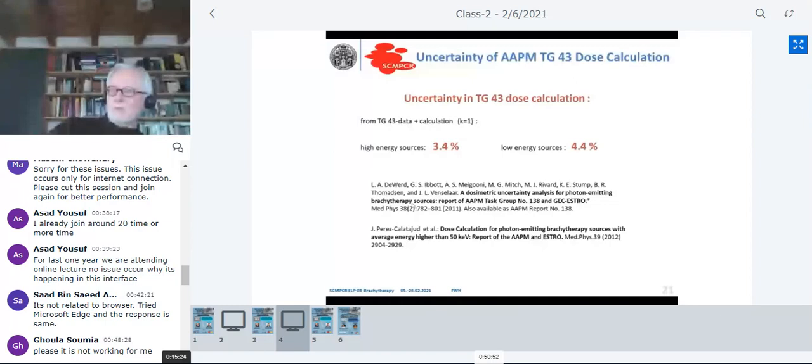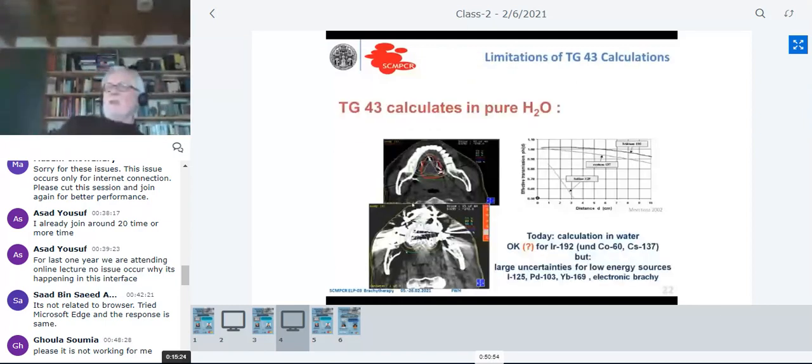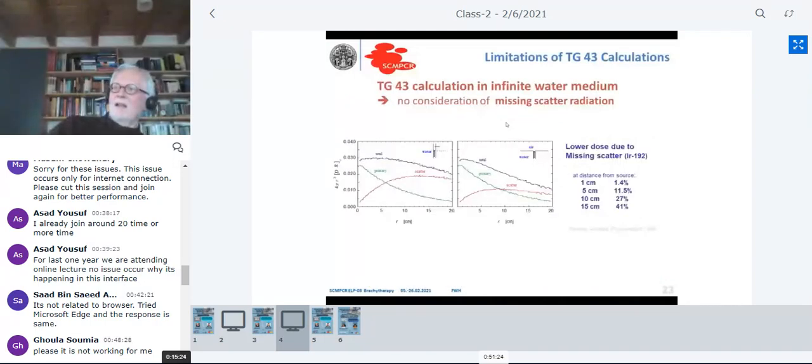But something you need to know is that TG43 has limitations. The main limitation of TG43 is that it calculates in pure water, in an extended body of water, actually in a very large phantom.